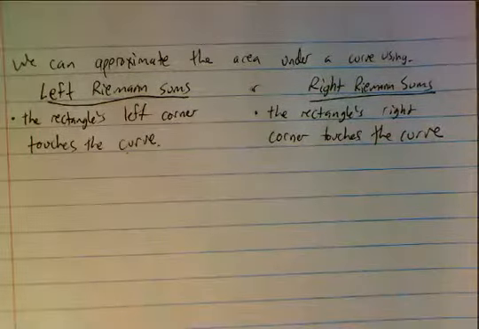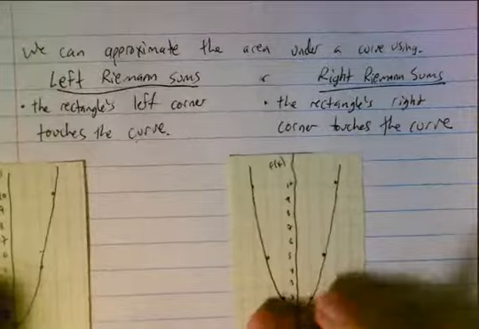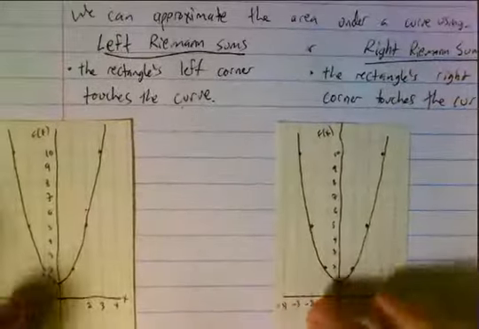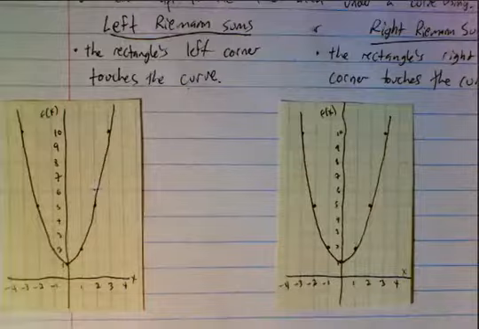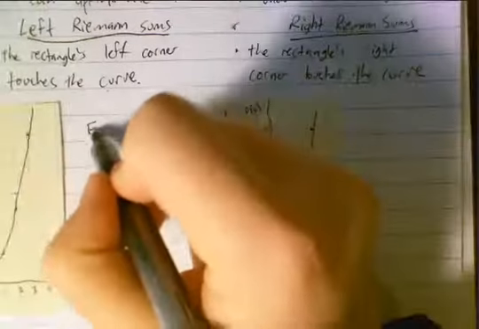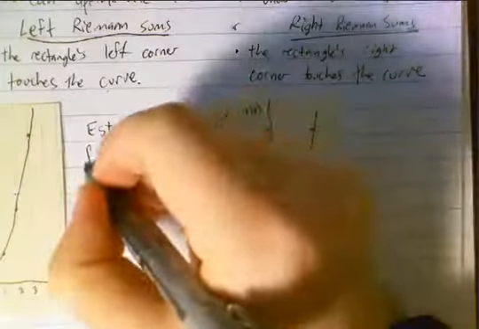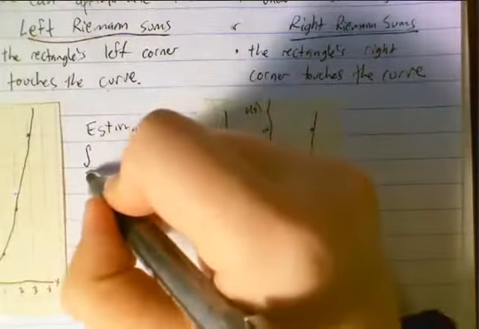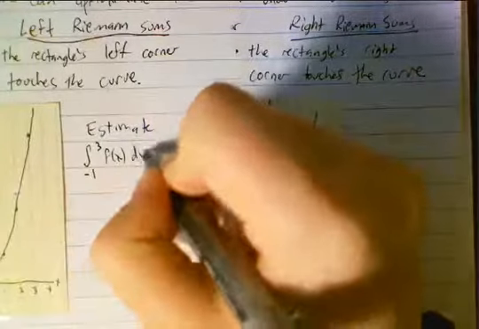So let's get out a curve here. You can go ahead and tape those, and you're going to have to sketch them out. They're the same thing. What I'm going to have you do is estimate the integral from -1 to 3 of f of x dx.